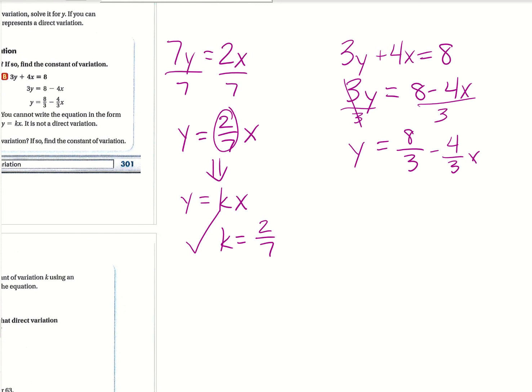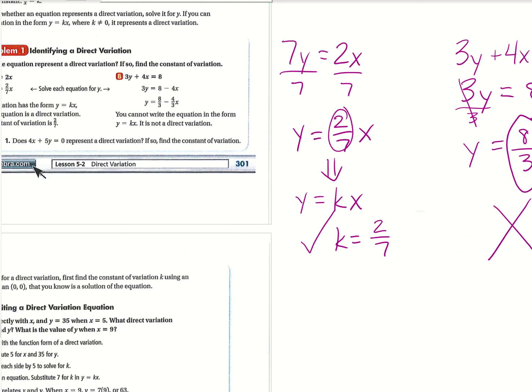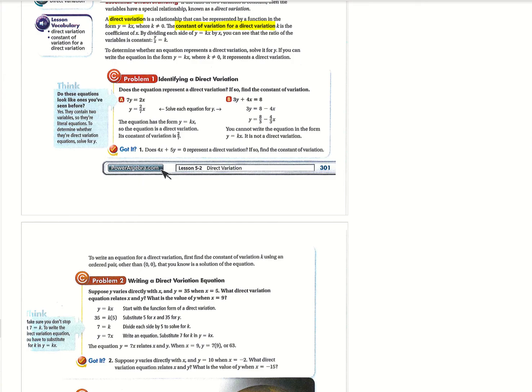Now, you can see that we can't write this as y equals k times x, and the reason is we have a constant outside of k. Since you cannot add 8/3 onto negative 4/3 x, this one is not an example of a direct variation.